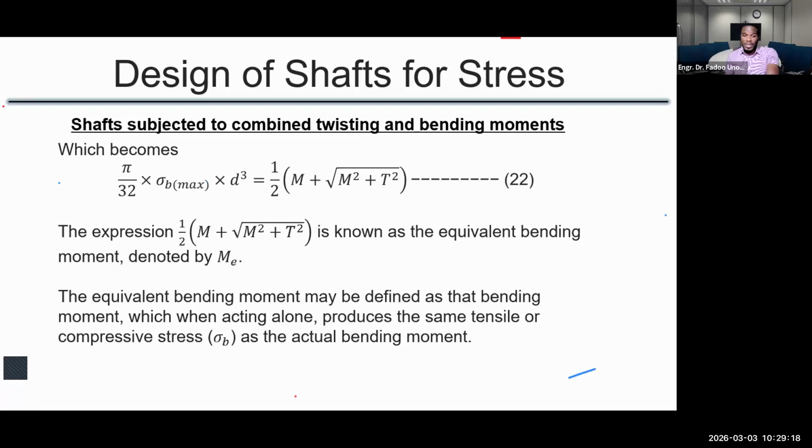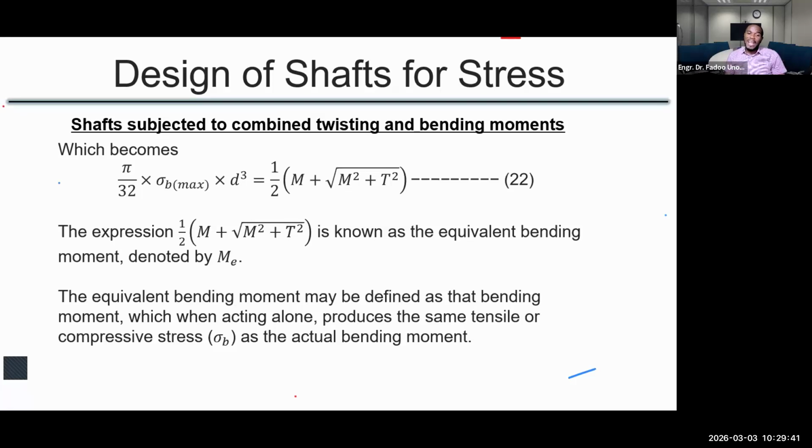And when you manipulate this, you arrive at this equation. In this case, half bracket open the maximum bending moment in the shaft plus the square root of the maximum bending moment squared plus the torque to be transmitted squared. This whole term is referred to as the equivalent bending moment.